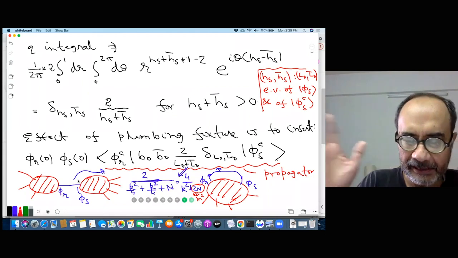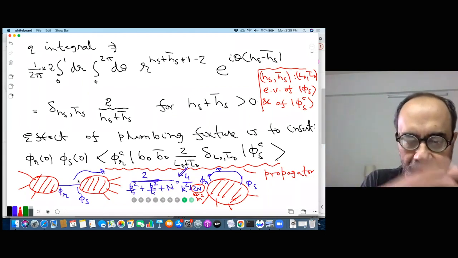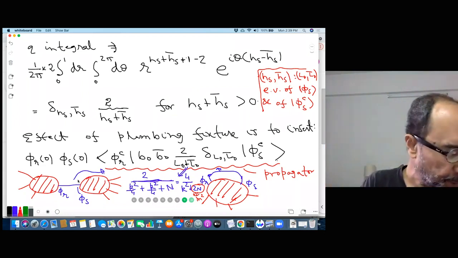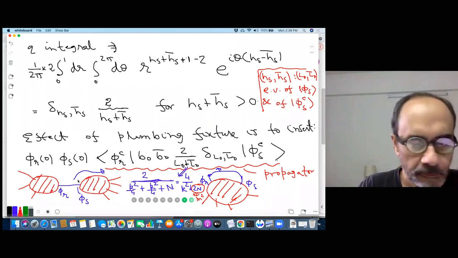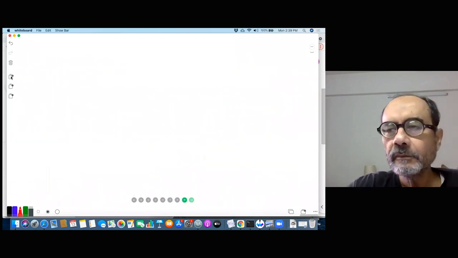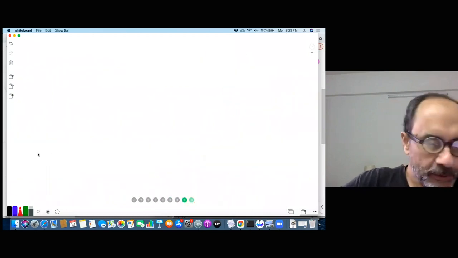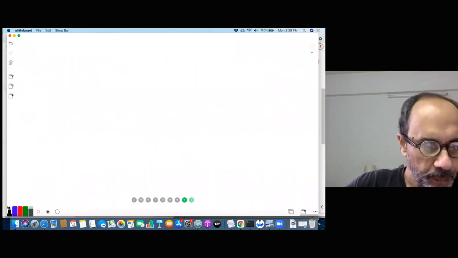So this is really the propagator, and when you go to the full-fledged string field theory, this becomes the propagator of string field theory. But right now we are just developing this as an analogy. Okay, so with this, we can now also try to understand the origin of the divergence.